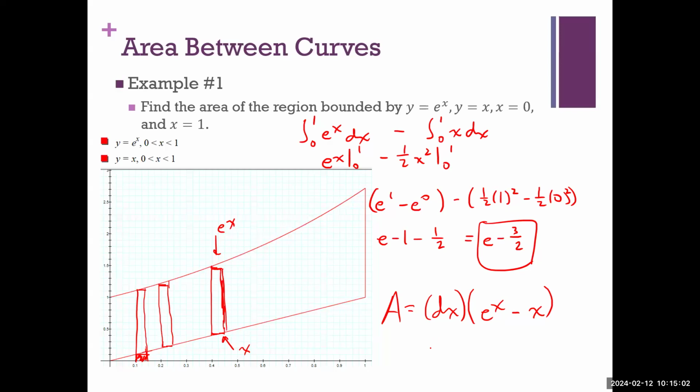So based on that, and based on what we know about Riemann sums, could I have done this with only a single integral? What would that integral look like? Integral from 0 to 1 of what? e to the x minus x dx. So that is something we can take advantage of to find these areas. Yes, two integrals will work.